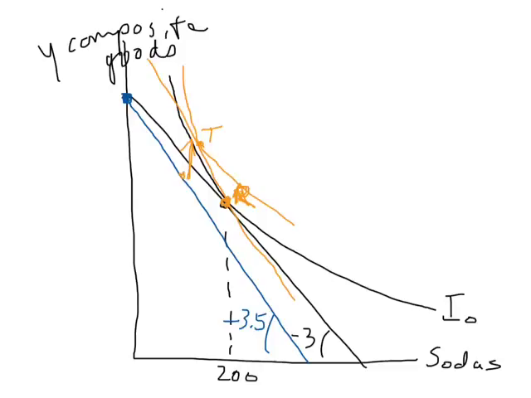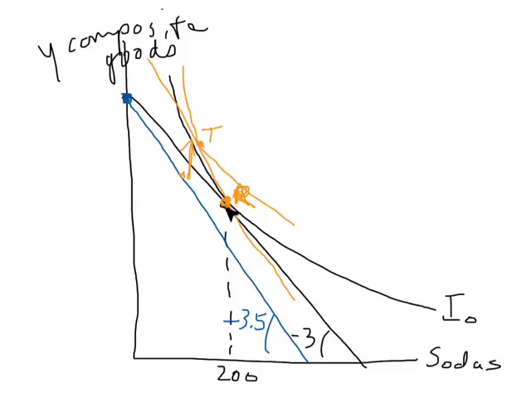So let me just recap that with my pointer. The increase in the price of soda of 50 cents a soda would have shifted the budget line in just this manner.